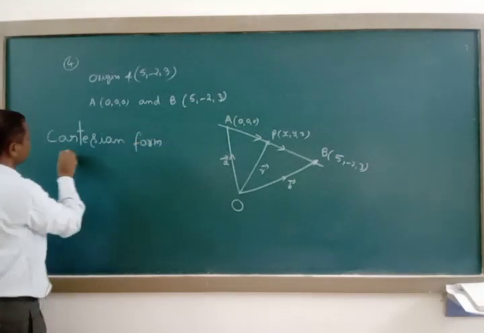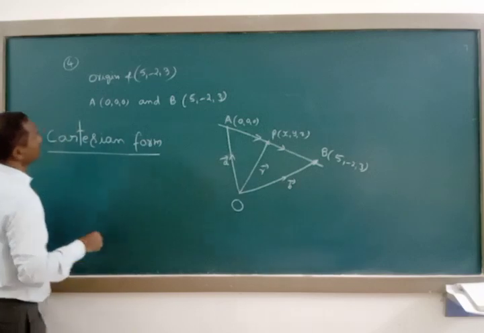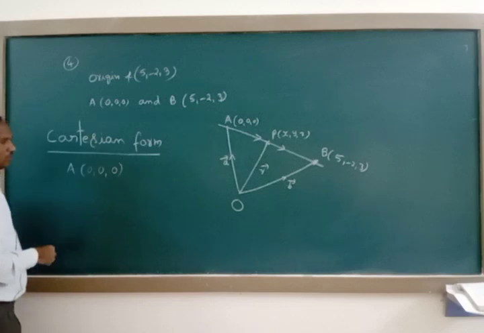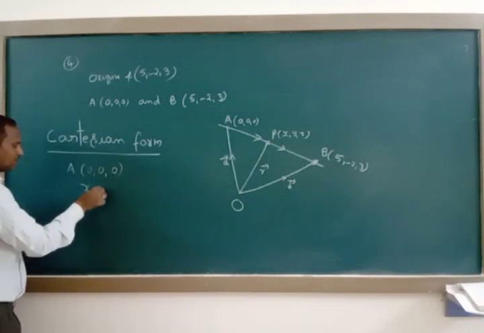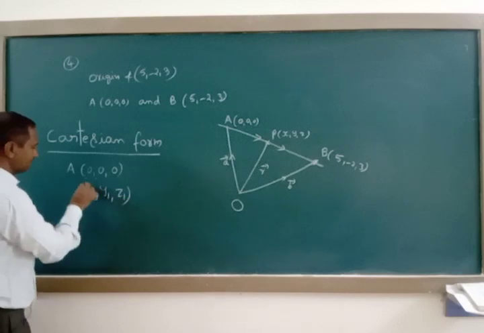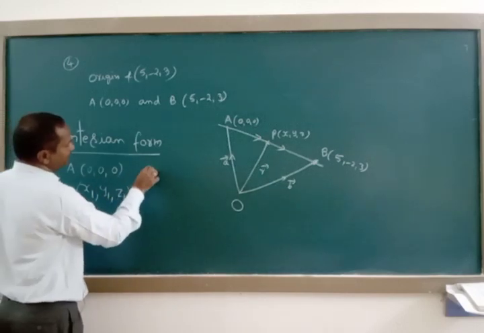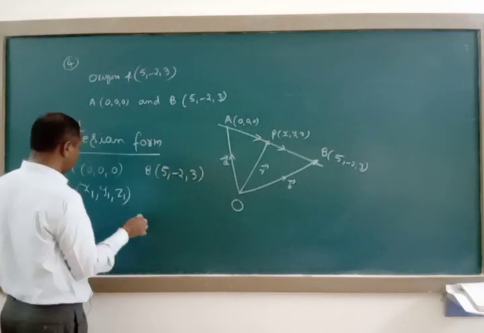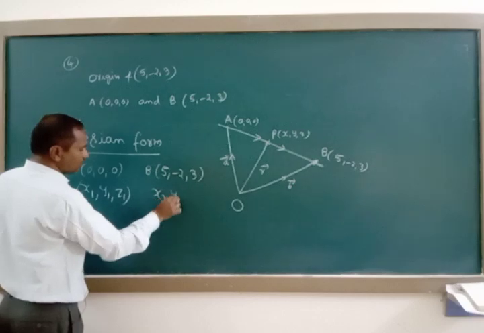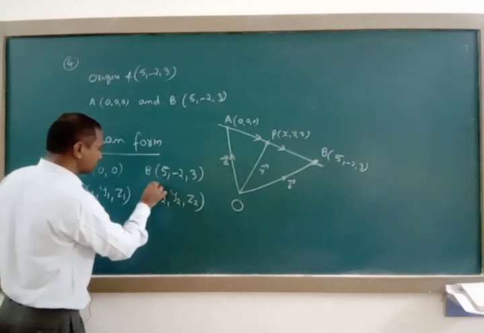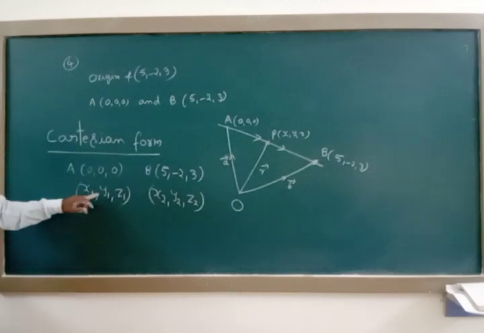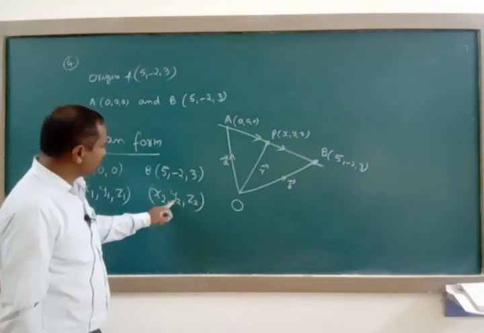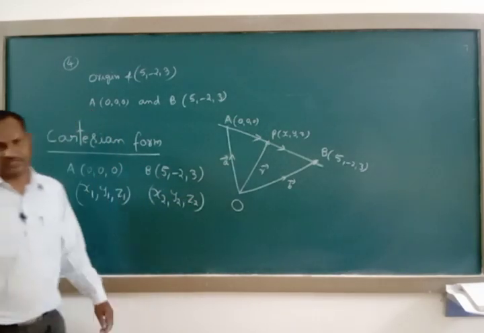At the given point capital A, you consider 0, 0, 0 as x1, y1, z1. The second point is 5, minus 2, 3, which you consider x2, y2, z2. x1 value is 0, y1 value is 0, z1 value is 0. x2 value is 5, y2 value is minus 2, and z2 value is 3.